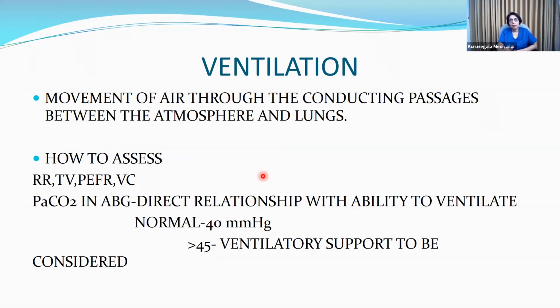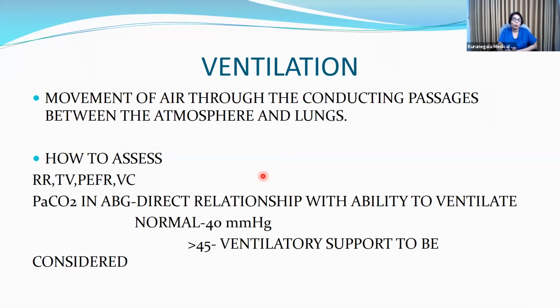How do you assess one's ventilation? Respiratory rate is one way of assessing ventilation. We can assess one's tidal volume, peak respiratory flow rate, and vital capacity to assess ability to ventilate. But I know in a ward setup, other than respiratory rate, tidal volume and vital capacity assessment is not going to be easy. But all of us can do an arterial blood gas.